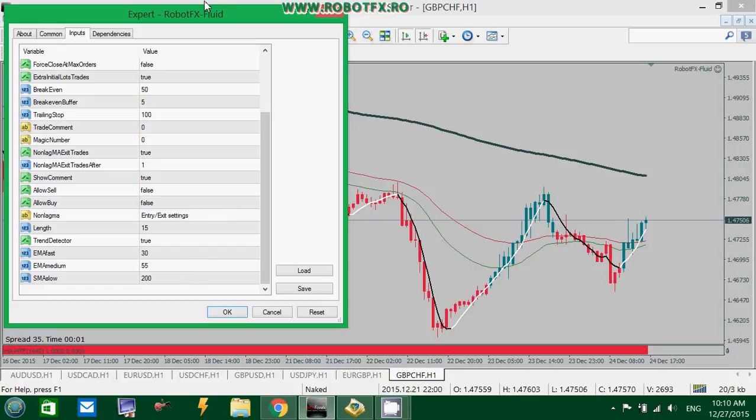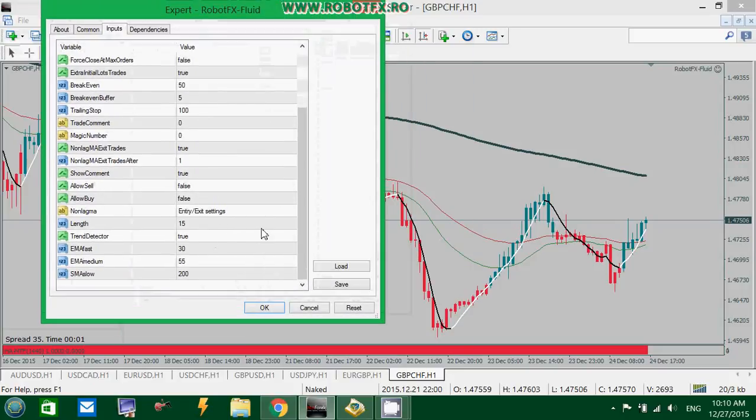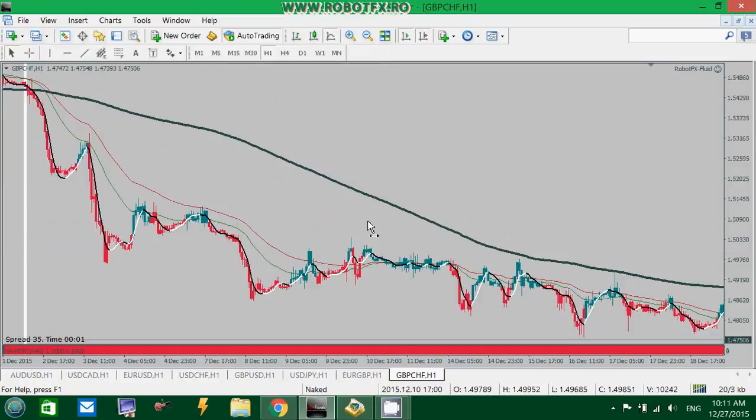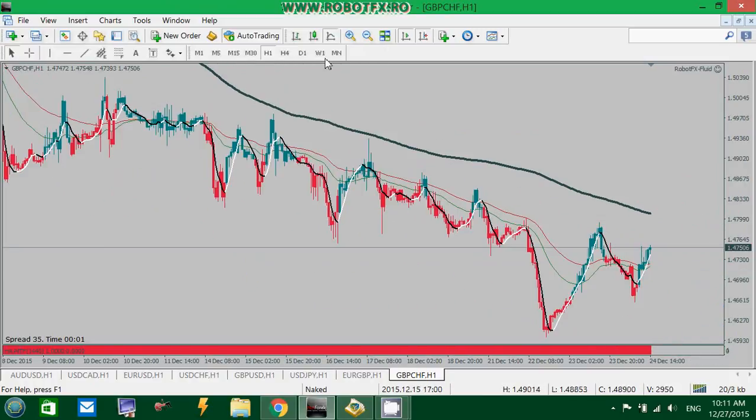One more time, on this chart with the trend detector active, set to true, the expert advisor will consider selling because it's a downtrend: the price is below the slow moving average 200 line, and the fast exponential moving average 30 EMA is below the 55 EMA. This is how the expert advisor detects the trend with the default settings.